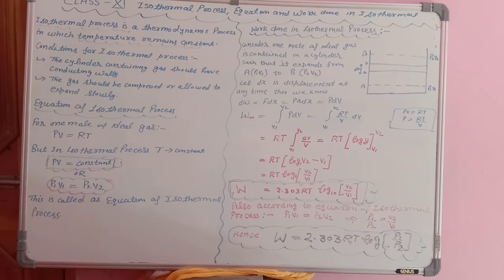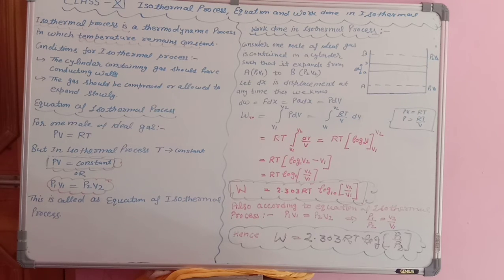PV is equal to constant means P1 V1 equal to P2 V2 equal to P3 V3 equal to P4 V4, that is, the product of pressure and volume will remain constant, whether it is P1 V1, P2 V2 or P3 V3, everything will be the same. That's why you can write P1 V1 equal to P2 V2, and this is known as the equation of isothermal process. I hope it is clear to you.